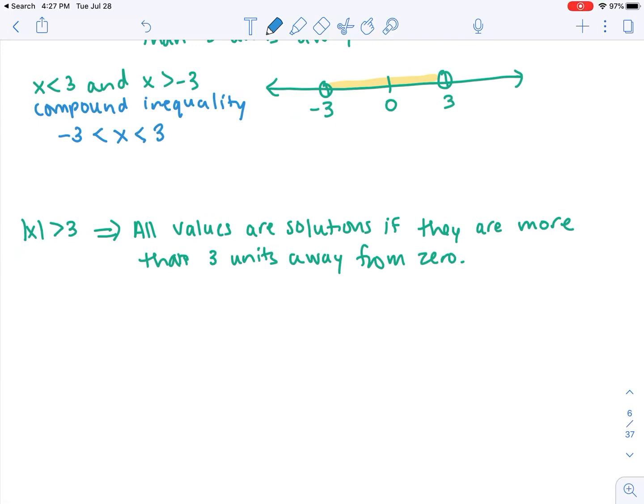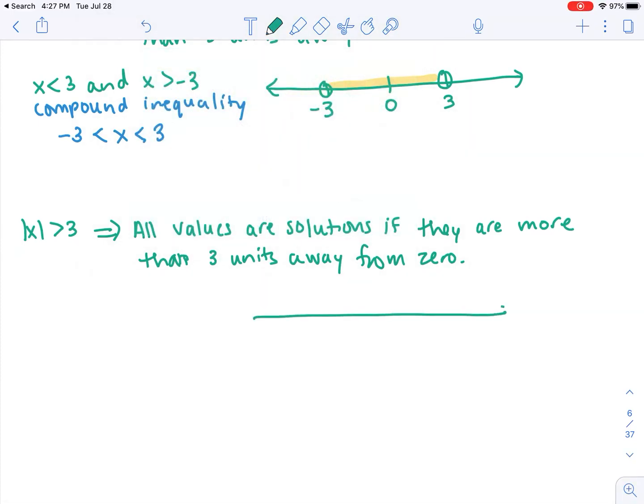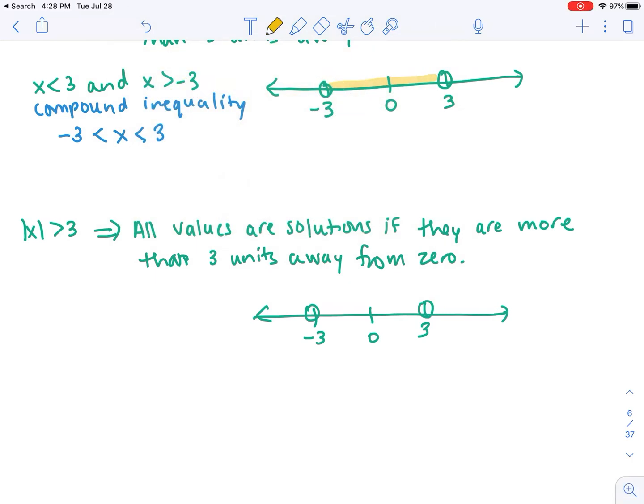As opposed to that, if we take a look at the number line for the greater than, you have that 0 is in between 3 and negative 3 on our number line. And we don't include 3 or negative 3. Our solutions this time are distances that are greater than 3, so that would be on either side, to the right of 3 and to the left of negative 3.